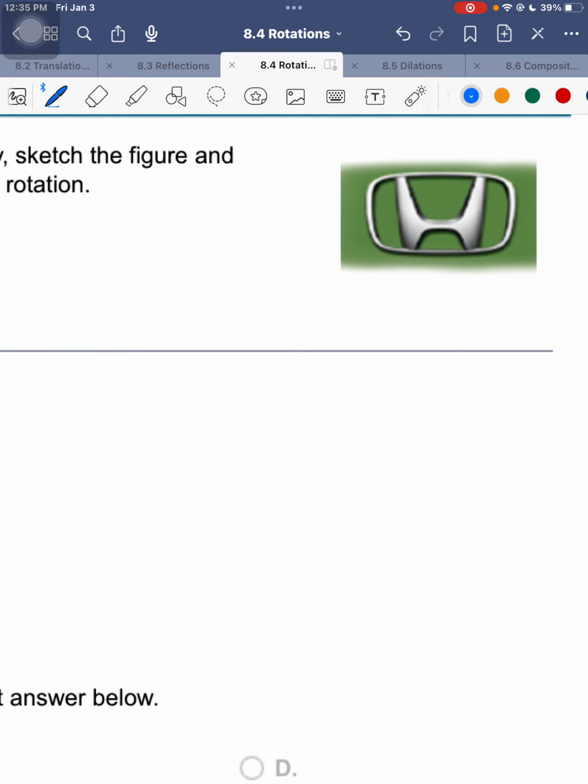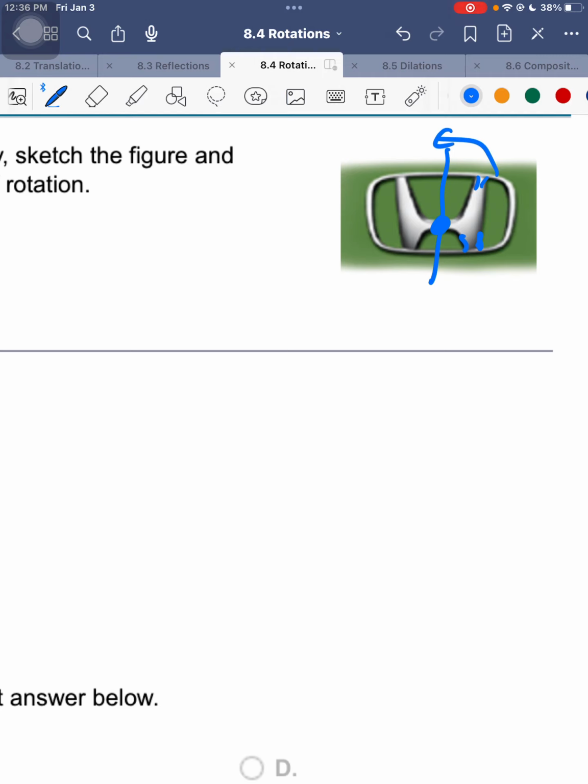Now, same thing for this guy. If I were to have a line of symmetry here, would these two reflect onto each other perfectly? Yeah, they would. What if I were to reflect it here? Definitely not. Now, what about rotational symmetry? Notice how this bottom piece is thicker than this top piece.